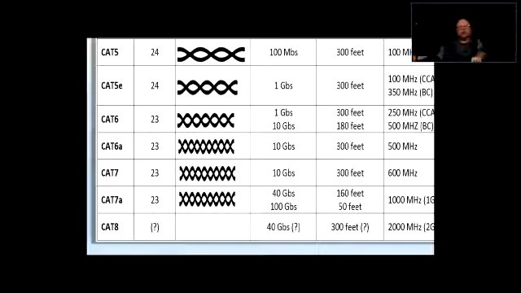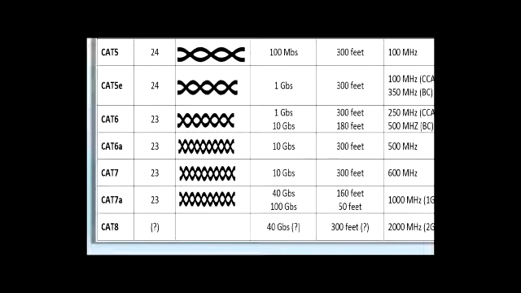In Cat6, not only the pairs are twisted, but they have a separator, like a plastic separator going along the way, just like a crisscross kind of a thing like that. And each pair has its own channel, a physical channel in that separator, like that. And that separator is also twisted as it goes along, right? So it's just like a twist upon a twist. And that's why we can carry things that are faster.